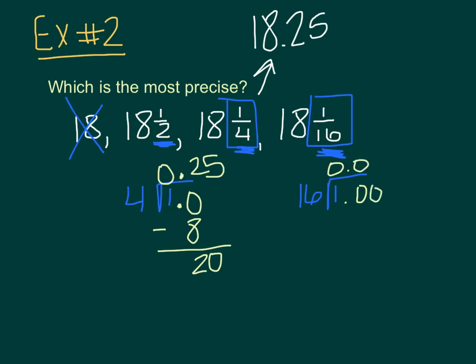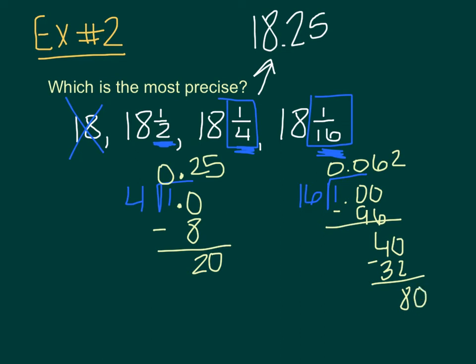Add another 0. 16 goes into 100 6 times, which is 96, with 4 left over. 16 can't go into 4, so we add a 0. 16 goes into 40 2 times, which is 32, so there's 8 left over. 16 can't go into 8, so we add a 0.